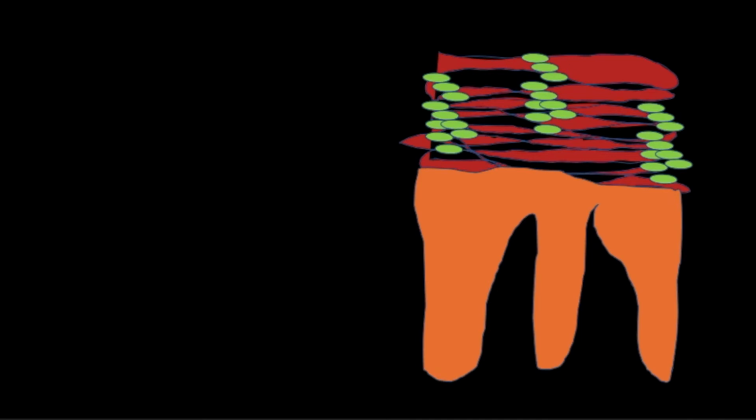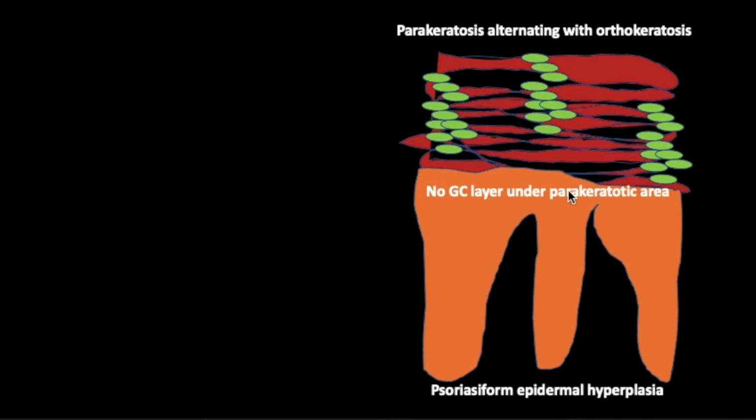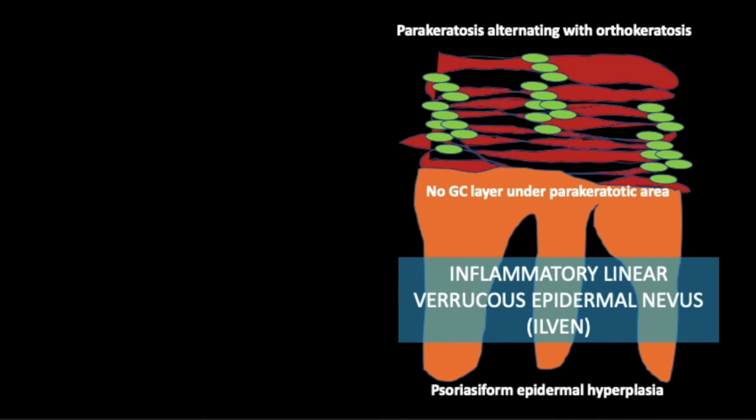Another lesion in this category is we see here orthokeratosis alternating with parakeratosis with psoriasiform epidermal hyperplasia and no granular cell layer under the parakeratosis area. This is inflammatory linear verrucous epidermal nevus, or ILVEN.